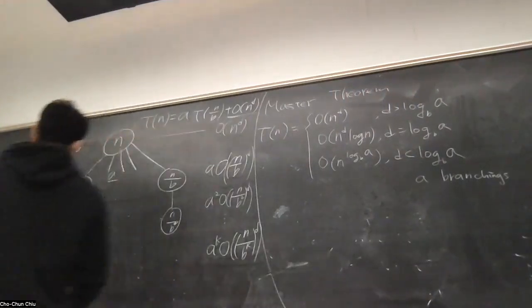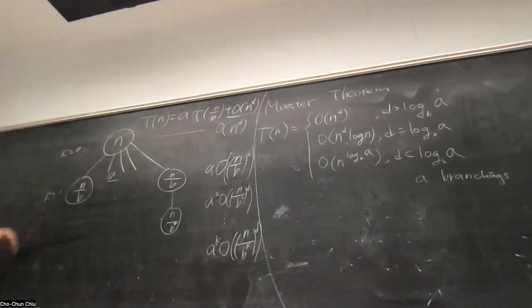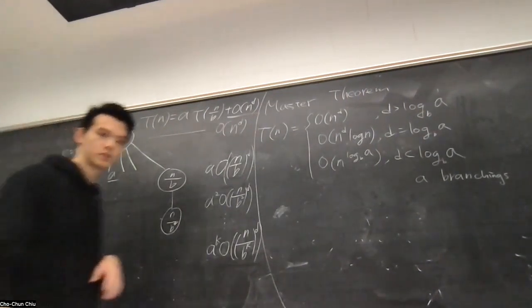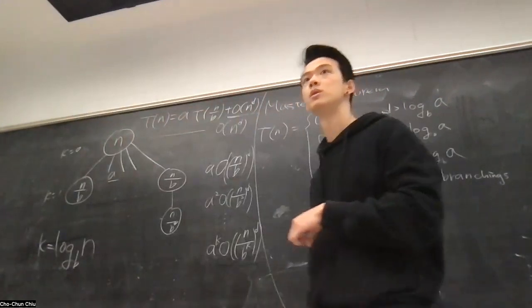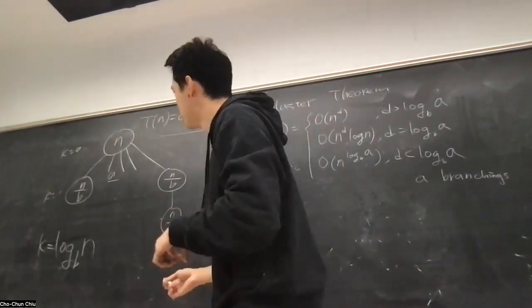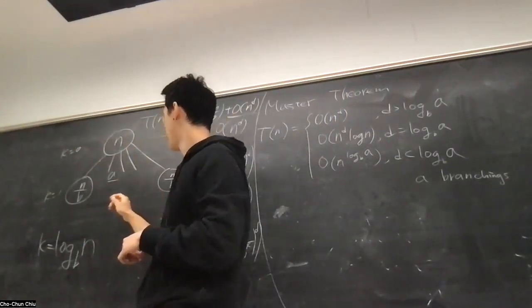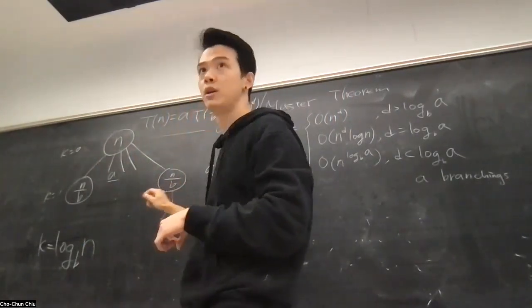Okay, so at the end, how many layers do we have? Or what's the depth of this problem? Make sense? Because each time we are going to divide the original problem by the factor b.